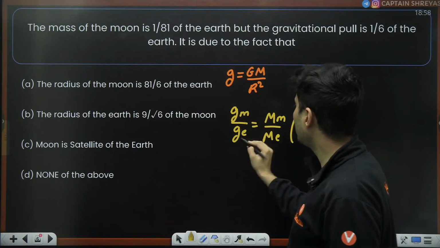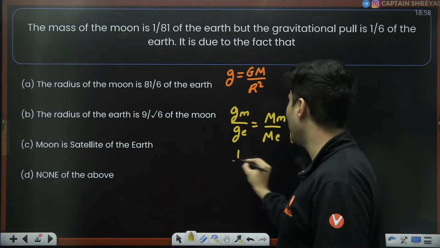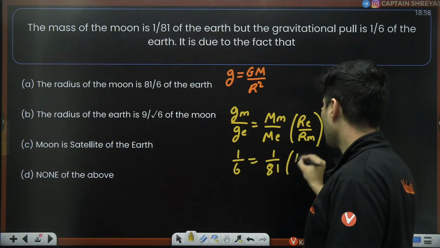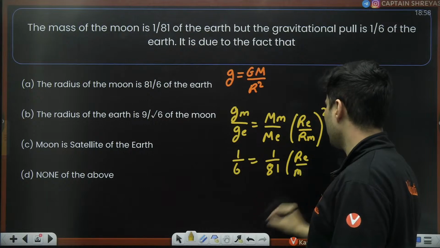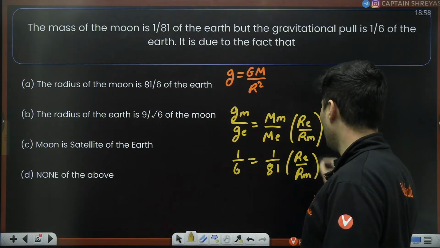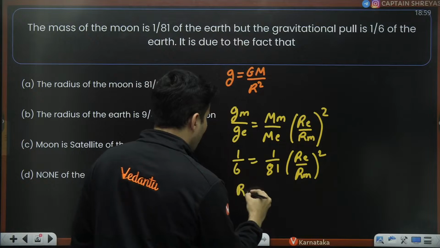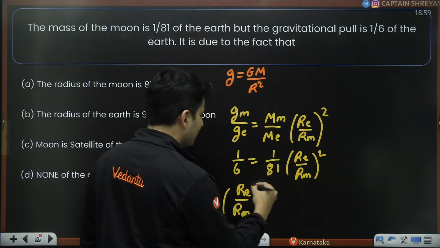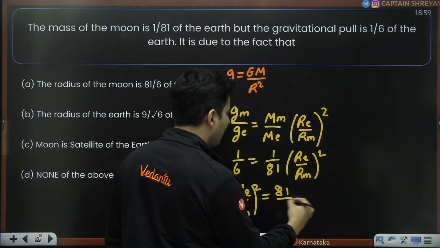Gravity of the moon as compared to the earth is 1/6. Mass of the moon is 1/81th, times Re by Rm whole square. So therefore Re by Rm the whole square will be 81 by 6.